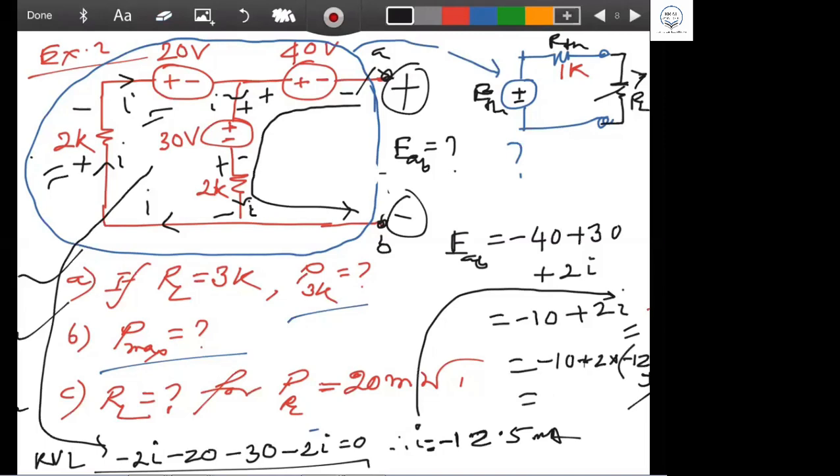So minus 35. It is minus 35 volt. So if EAB is minus 35, then the Thevenin voltage is minus 35 volt.